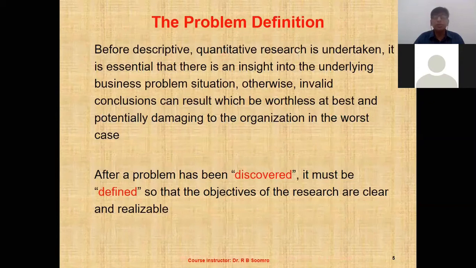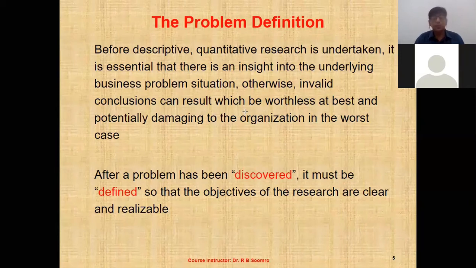Before quantitative research is undertaken, it is essential that there is insight into the business problem situation. Otherwise, invalid conclusions will be made. So first, it is required that the problem should be discovered and also defined. For example, the market share of your company is decreasing.